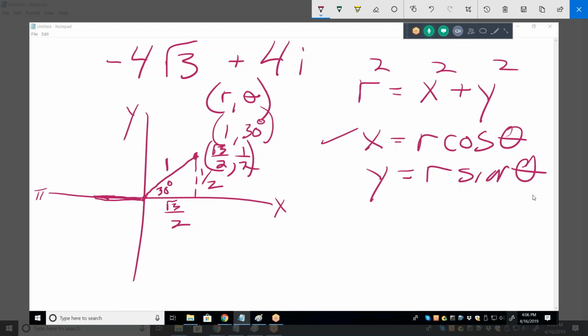We know the x is the cosine of that angle, and the y is the sine of that angle. In reality, if this was a 2 instead of a 1, then the x-coordinate is going to be 2 times that, and the y-coordinate is going to be 2 times that. Because it's r times the cosine of theta, and r times the sine of theta.